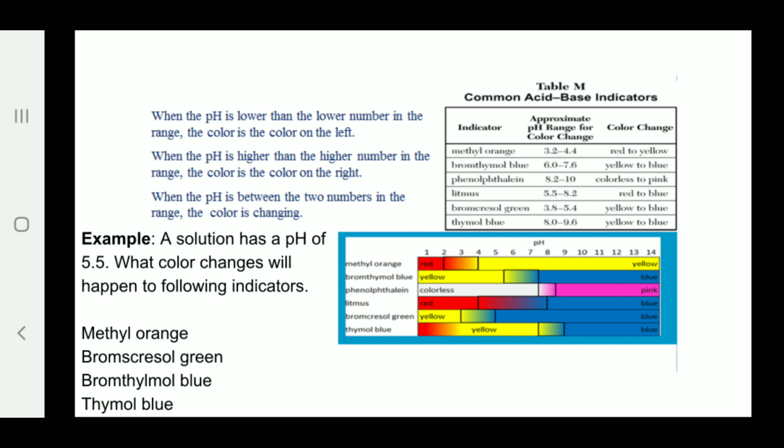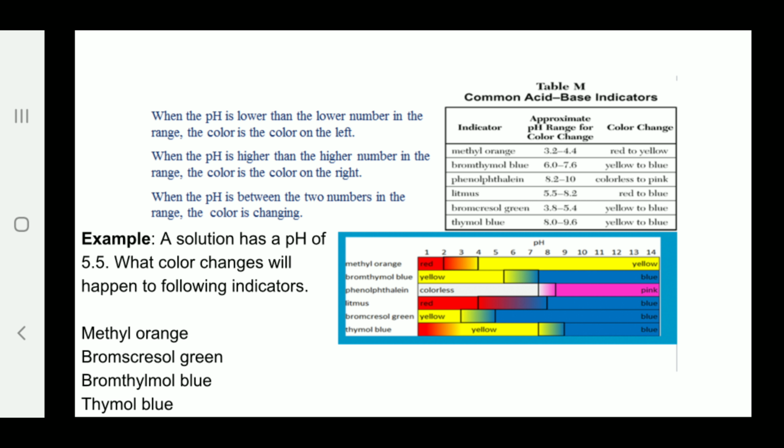When using Reference Table M, we know that when the pH is lower than the number to the left, then it is the color to the left. And when the pH is greater than the number to the right, it is the color to the right. But if the pH falls between the two numbers, then the color is changing and cannot be predicted.